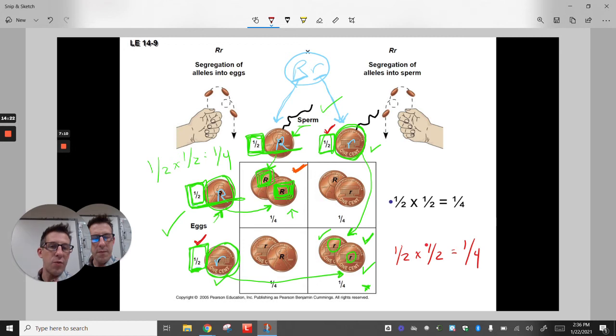Okay? So the reason I've left this Punnett square up here is because you know Punnett squares. You guys know how to do Punnett squares, which is great. You should, because they will help you. But it also helps to verify the answers.